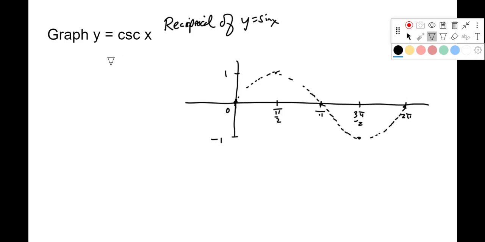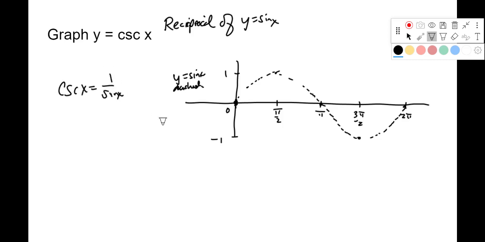Now cosecant is the reciprocal of sine. So basically, right, it's almost like sine being flipped over. But I've got to show you how. There's a little bit of a trick to it. So the first thing you need to know is, for example, when y equals sine x is 0, the cosecant, well, cosecant is 1 over sine.